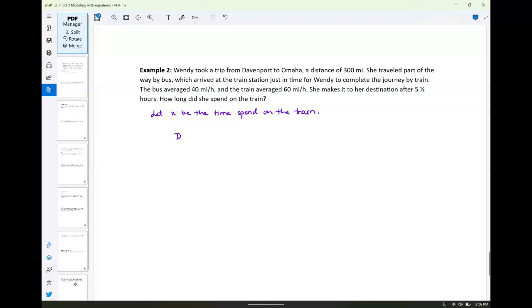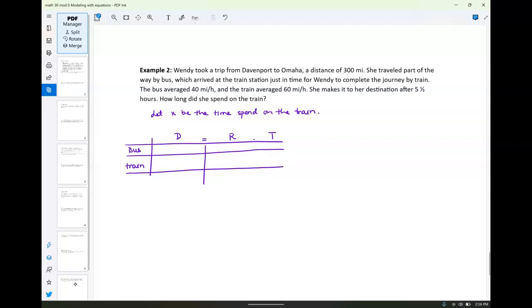I organize my information in the table again, distance equals rate times time. Start with bus and train. So what do I know? Wendy took a trip from Davenport to Omaha, a total distance of 300 miles.